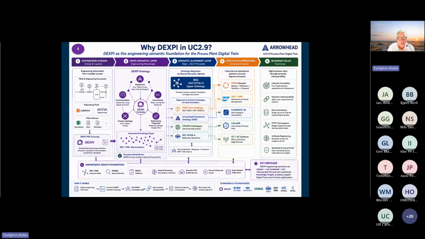Why DEXPI in use case 2.9? The use case is about the process graph. To be able to do what we were planning to do, we needed to know how things were defined from a functional point of view, but also how things were combined and connected to resolve these functions.